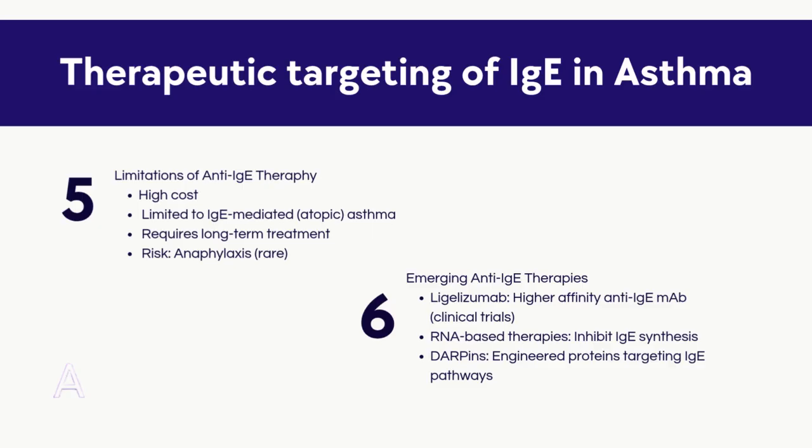And lastly, DARPins or designed ankyrin repeat proteins are novel bioengineered molecules that can target IgE or its receptor with high specificity, representing a promising frontier in asthma immunotherapy.